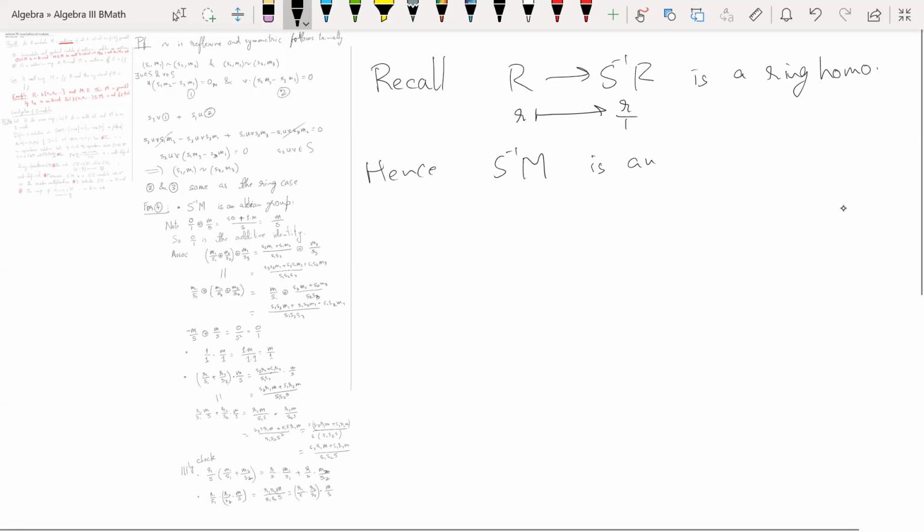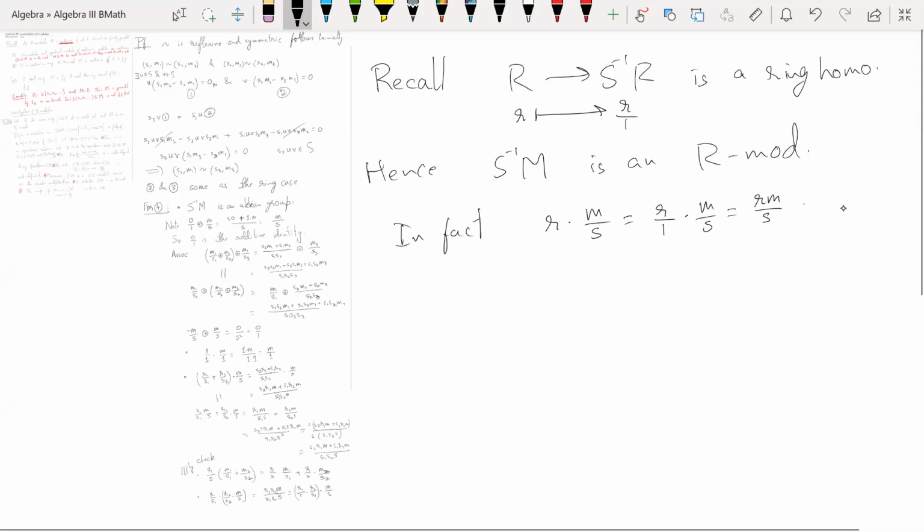is an R module, and in fact we know it explicitly. So R dot M over S is going to be R over 1 dot M over S, which by definition is Rm over S. So this is the scalar multiplication.